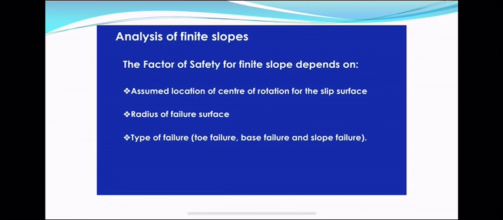If the slope analysis is done in two dimensions, that is for a plane strain structure in x and y directions, it depends on the assumed location of the center of rotation for the slip surface, the radius of the failure surface, and the type of failure, that is toe failure, base failure or slope failure.